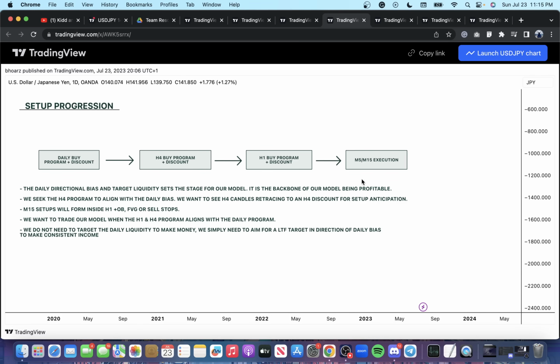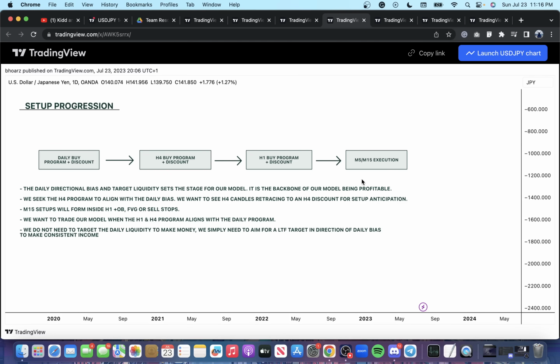All right, so if you're looking for daily bullishness, then you don't want to go and buy when the 4-hour time frame is retracing to a daily discount. You want to wait for the 4-hour time frame and also the 1-hour time frame to retrace into that daily discount, and then you go and hunt your setup.